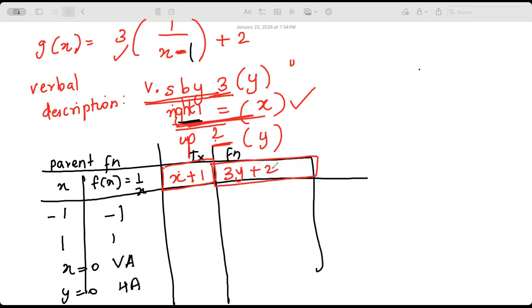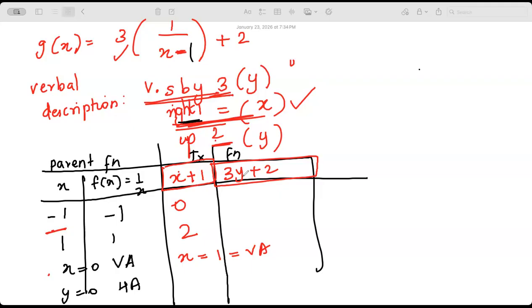Any questions, guys? Now it's very easy. You just add 1 to the 0, 1 plus 1, 2. What is the asymptote? X equal to 1 is your vertical asymptote. Now what happens? 3y plus 2, please plug in values.